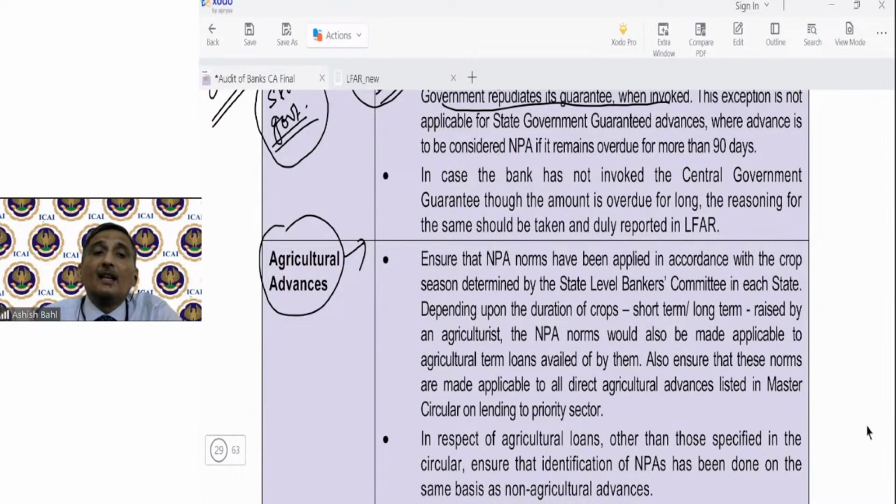So in agriculture, you have to remember that in case of agriculture advances, the norm of 90 days does not apply. The agricultural advances are classified as NPA based upon crop season. There are two types of crop seasons: long-term crops and short-term crops.